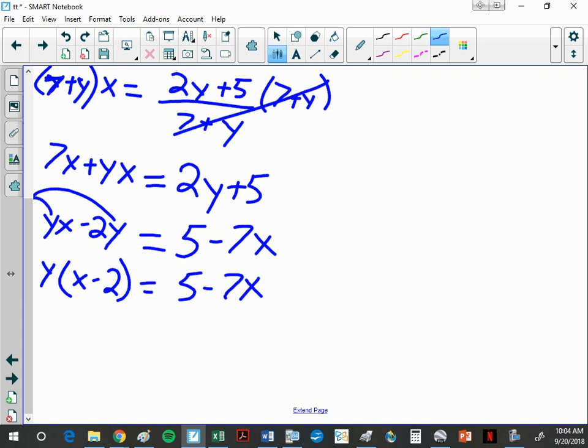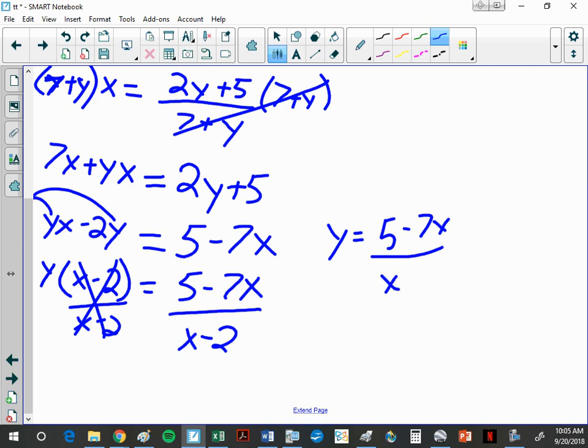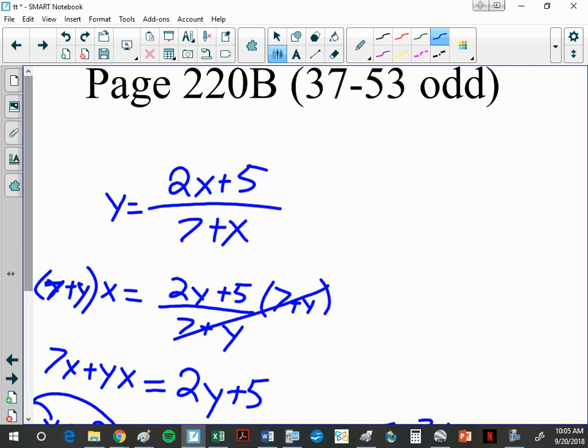Now how do I get the y by itself? Divide by x minus 2. So y is equal to 5 minus 7x over x minus 2. Now if we go back up to the original, in the original, x is not allowed to be negative 7.